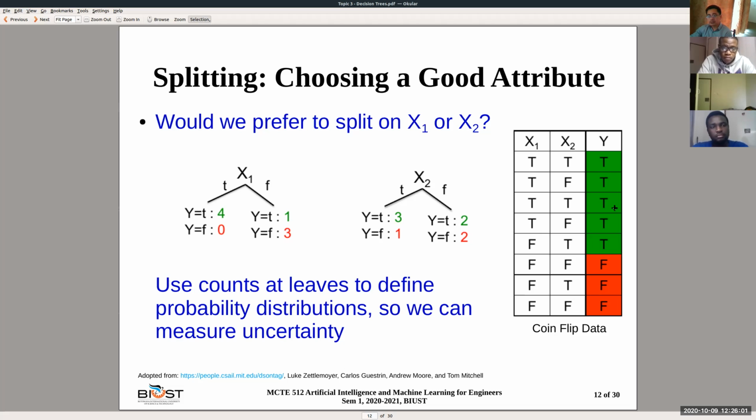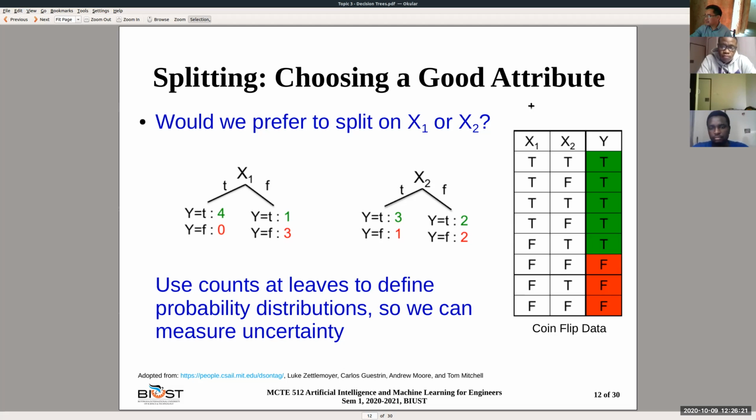So in this table, it is coin flip data. What happens here is that we can say x1 may be the head and x2 the tail, and then the result will be true or false.